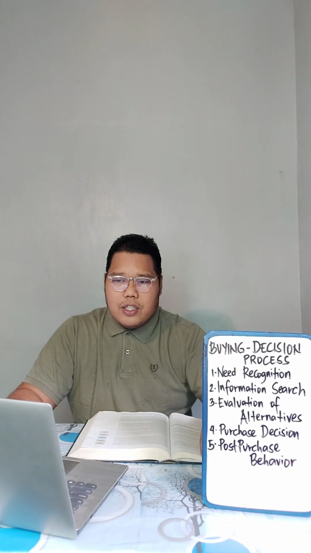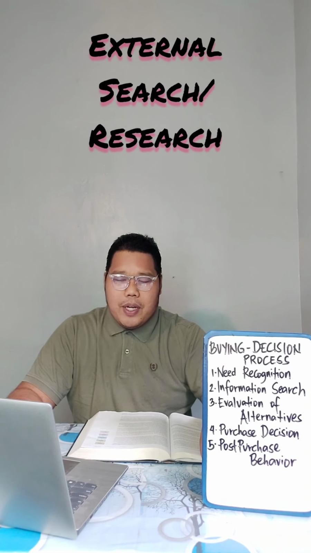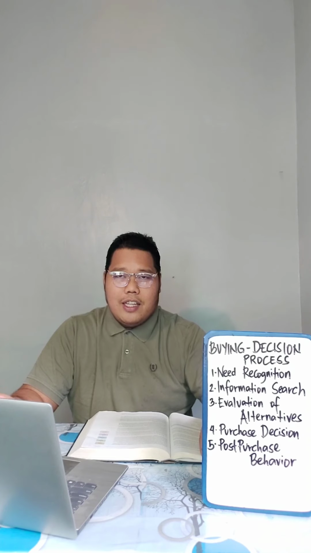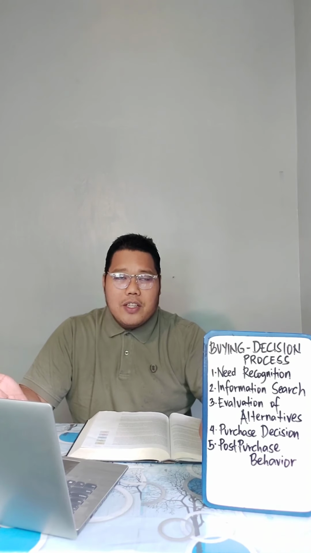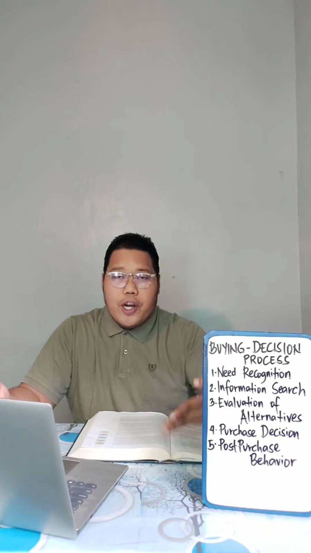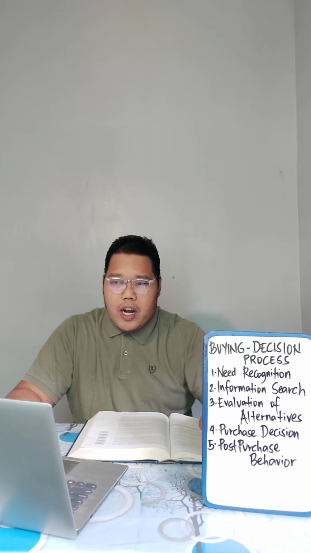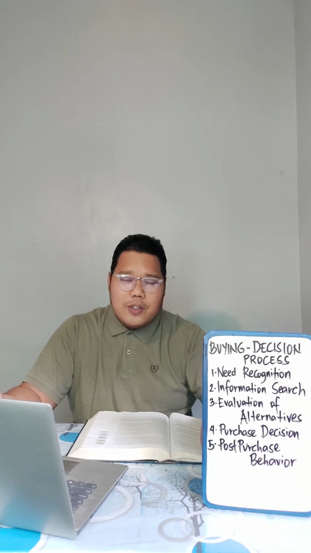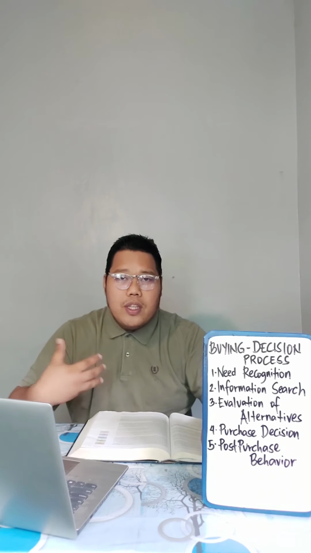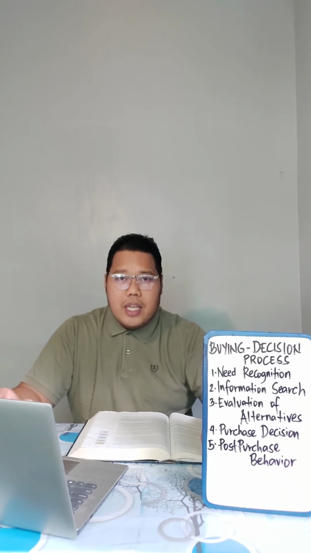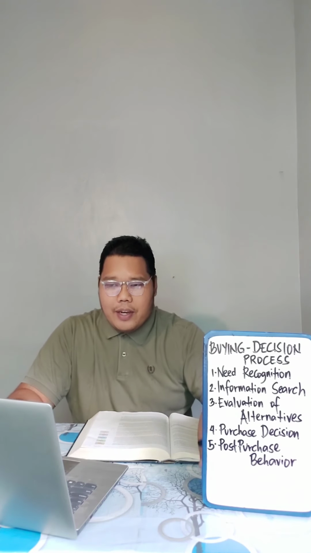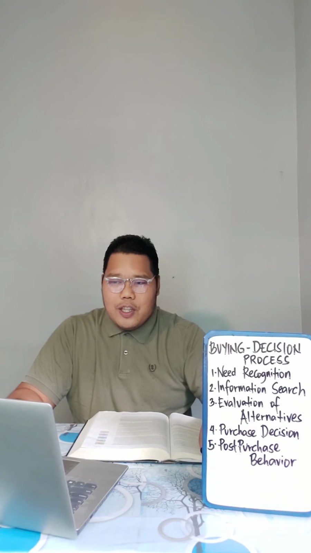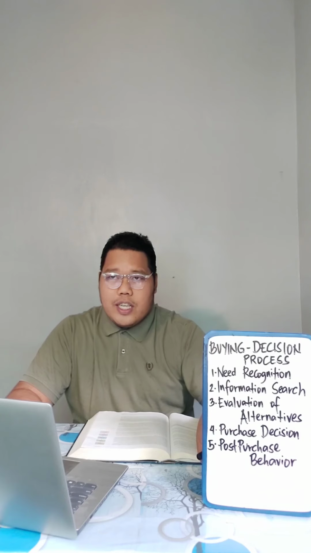External search, meanwhile, is conducted when a person has no prior knowledge, meaning they haven't experienced that service or bought that product before, which leads them to seek information from various sources. In internal search, it's all based on your memory as a previous buyer of the product. In external search, you have no prior knowledge, so you need these various sources.